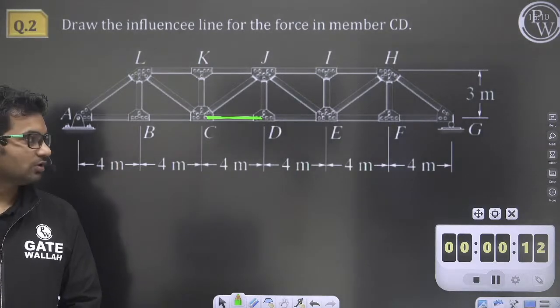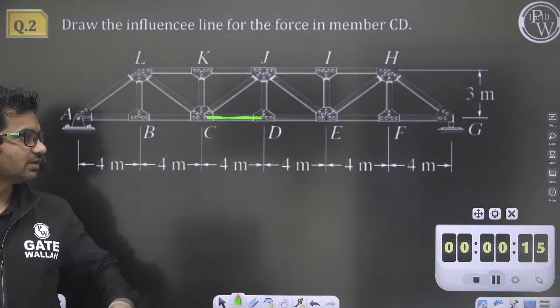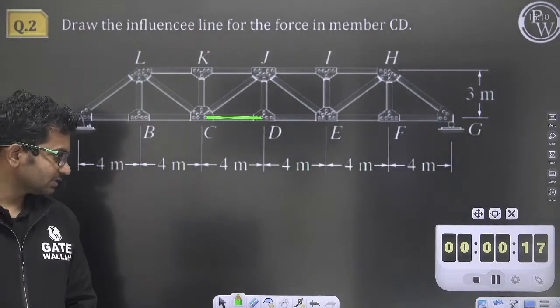So try to draw the influence line diagram for member CD. It's not very difficult. In fact, it's easy.